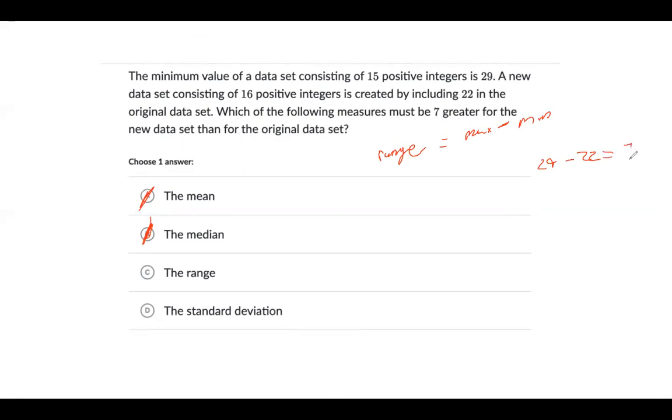That alone should give it to you, because 22 is lower than 29 and both data sets are the same other than the fact that 22 is included. So that itself gives you that the answer is C. Any questions why it's C and not one of the other three?